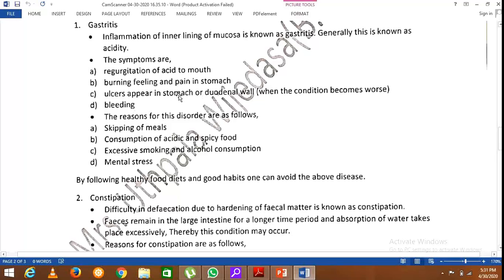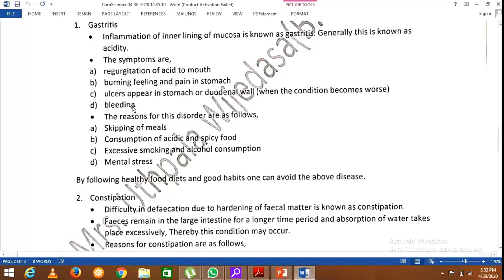Therefore, this is a very painful condition, and it can be avoided by using good practices. When somebody has these symptoms and they are severe, they can be diagnosed by using endoscopy as well as colonoscopy, especially endoscopy.